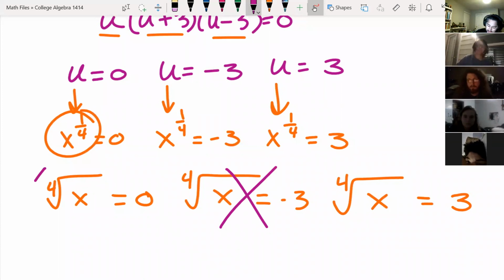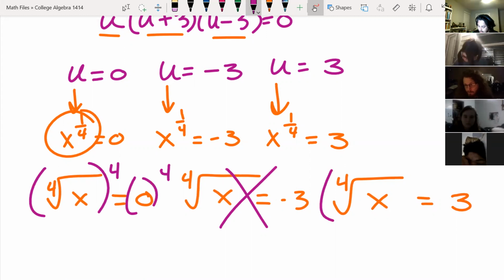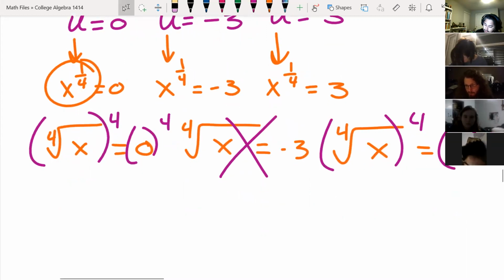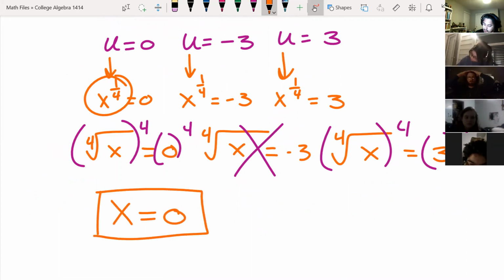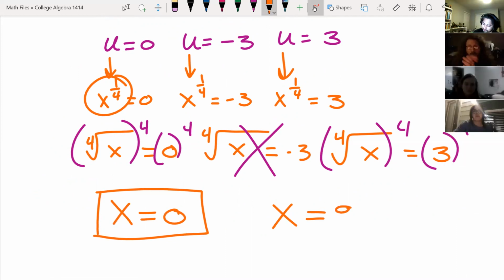And now we can raise all of these to the fourth. And lucky for us, the first solution is what? x equals 0. And then what's the next solution? What is 3 to the 4th? 27? Or no, I didn't go high enough. More. 81.